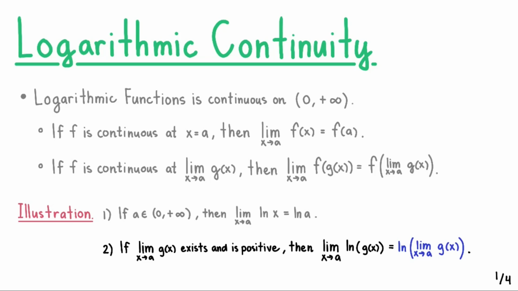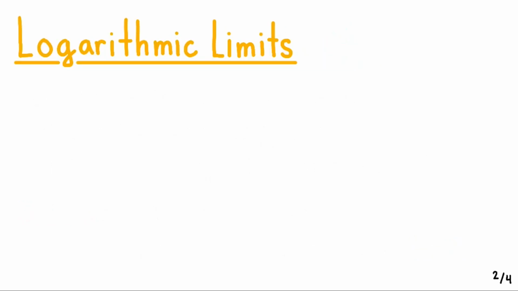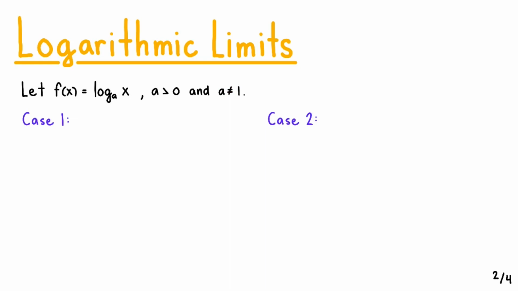But to understand and expound on this further, let's talk about logarithmic limits. To understand this better, we need their graphs. We let f of x be equal to log of x to the base a, with a greater than 0 and a not equal to 1. Given this, we'll have two cases: either a is greater than 1, or a is between 0 and 1.